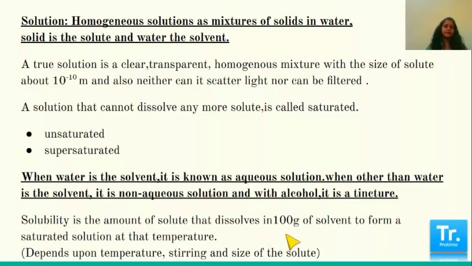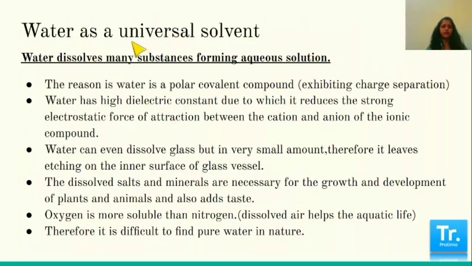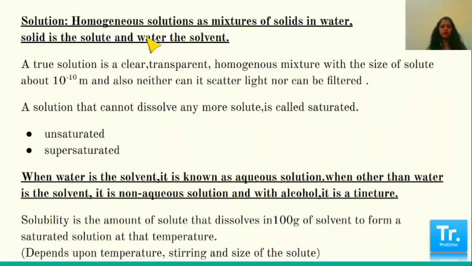So the next slide. And the next topic is solution, that is homogeneous solution. When we say solution, we are talking about a homogeneous solution, which is a mixture of solids in water, where the solid is the solute and water the solvent. This you know, it is not new to you. Because just now we were talking about water as a universal solvent, that means it can dissolve many things, and here we are talking about solids in water.